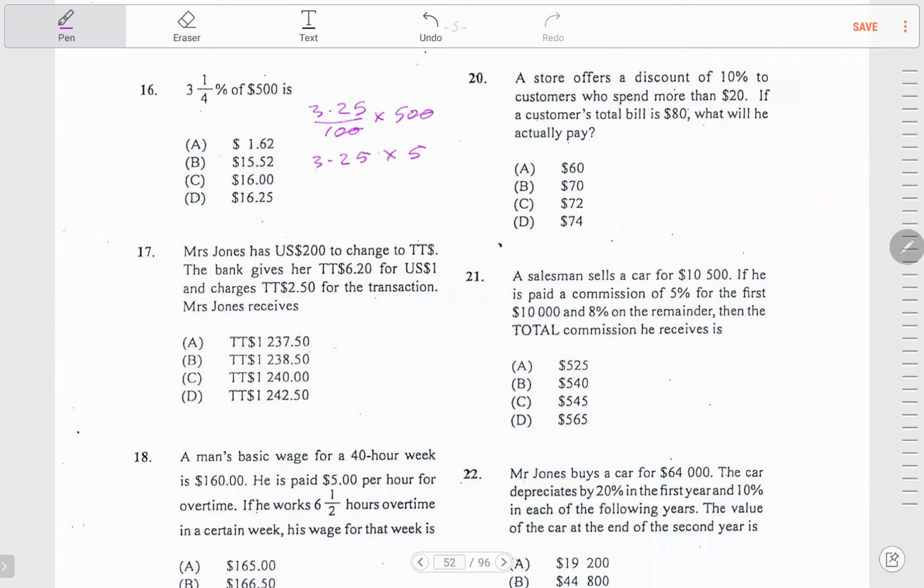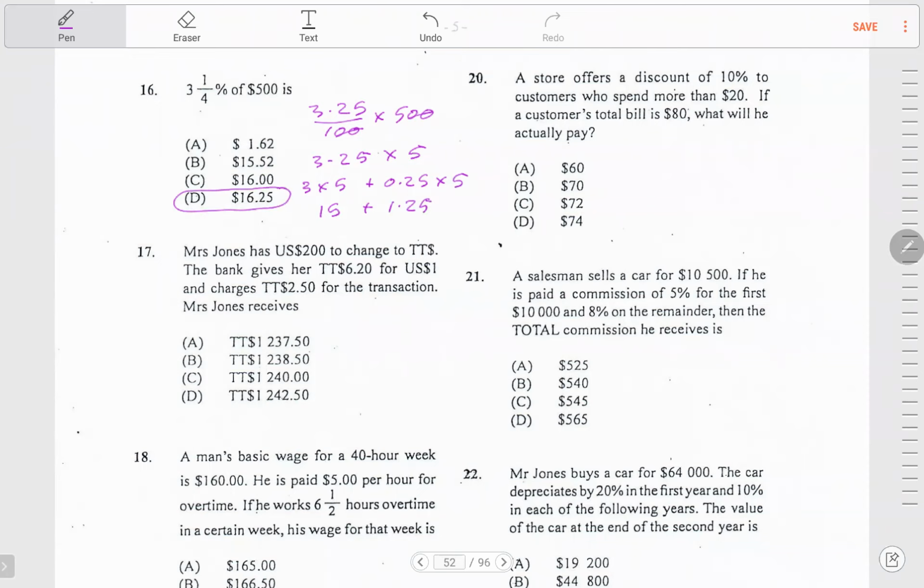So really it is 3 times 5 and then 0.25 times 5. 3 times 5 is 15 and 0.25 times 5 is 1.25, and so that is 16.25, which is this one.